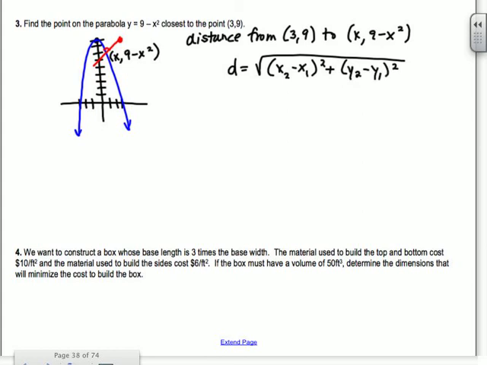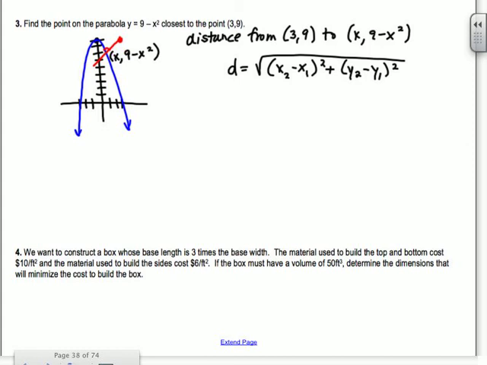It's basically just the Pythagorean theorem. You take the difference between the x's and square it, and the difference between the y's, and that finds the hypotenuse squared. You could draw the right triangle if you need to.